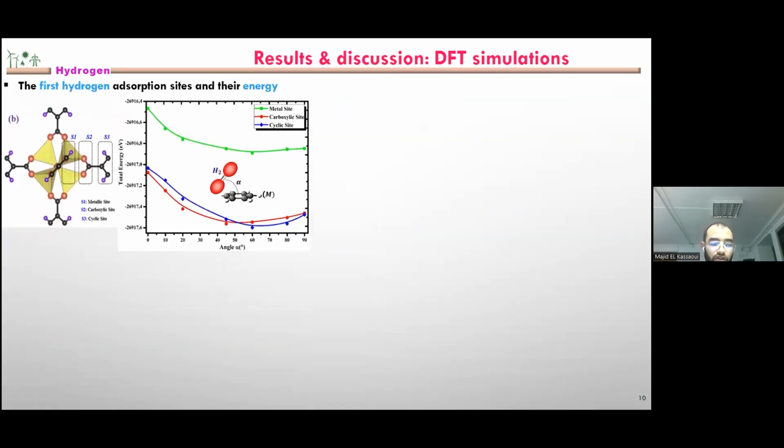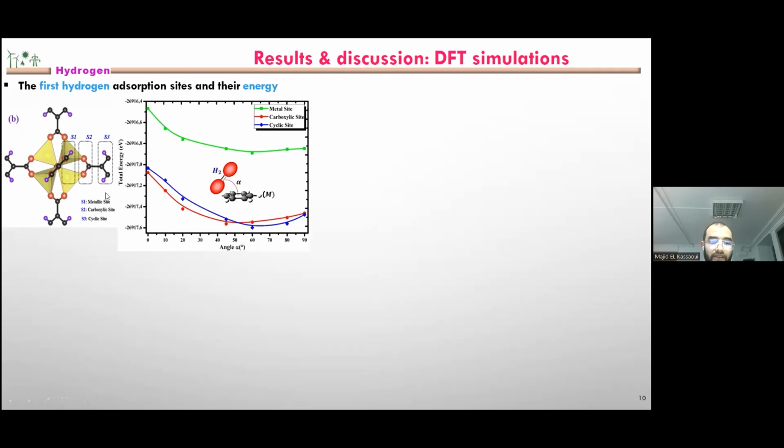And for the study of hydrogen storage performance in this connector, there are three adsorption sites. These are the metallic, carboxylic and cyclic sites, with three orientations: horizontal, vertical, and sloping.